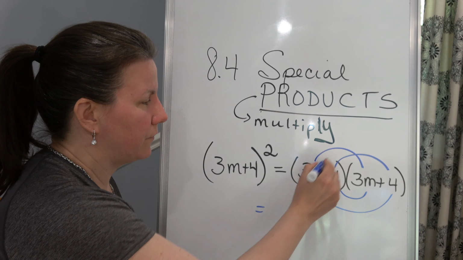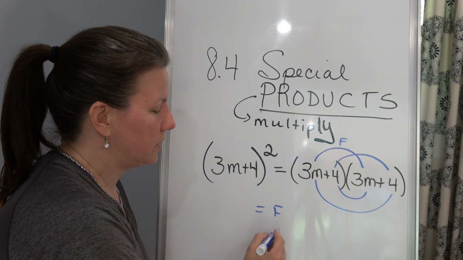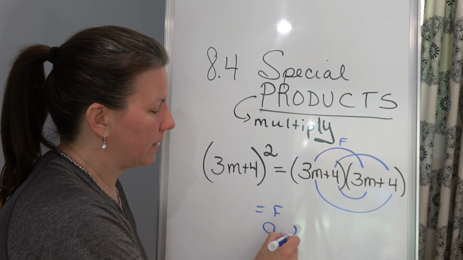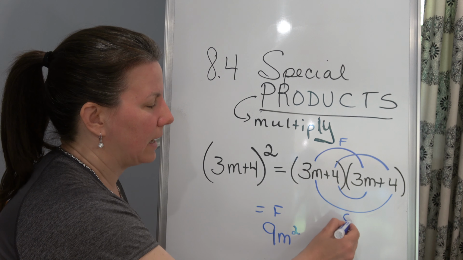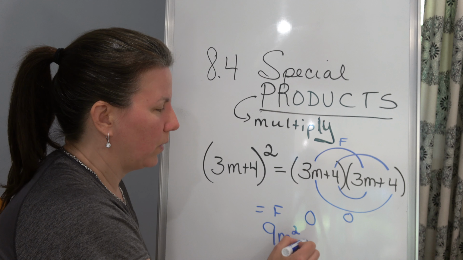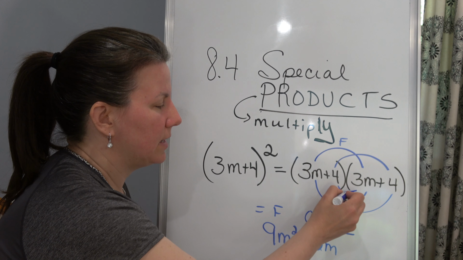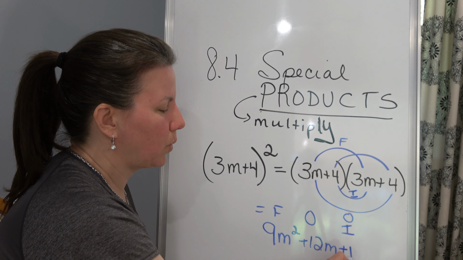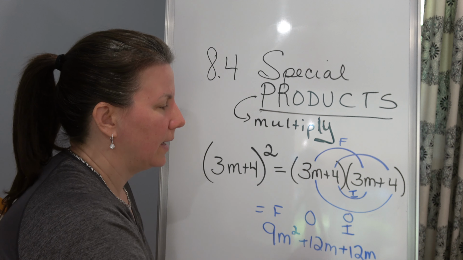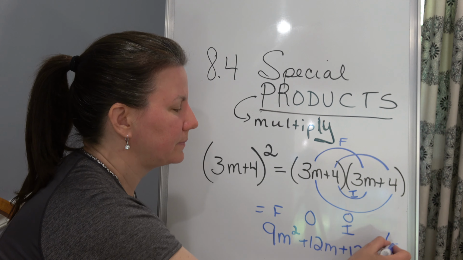So the first times the first would be 9m squared. The outer times the outer would be 12m. The inner times the inner is also 12m. And the last times the last is 16.